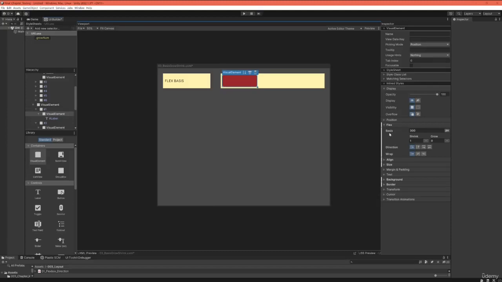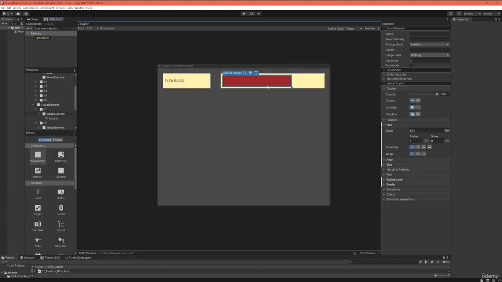Now, one way to put this in other words that makes it maybe a bit more useful is to say that it is the size on the main axis that the element actually wants. What I mean by that is when we change the flex basis of this red box to 600 pixels, and when we now duplicate this element, what you can see is we have two elements with a basis of 600, but their real size isn't 600 anymore, right? This is 600.